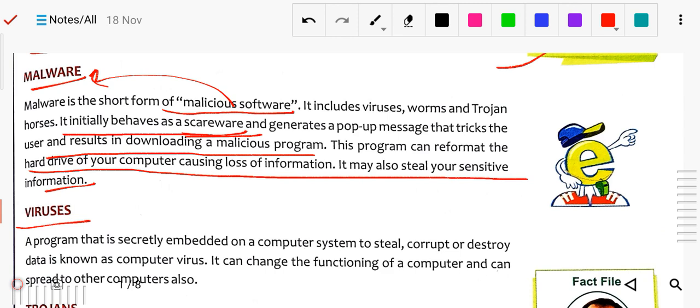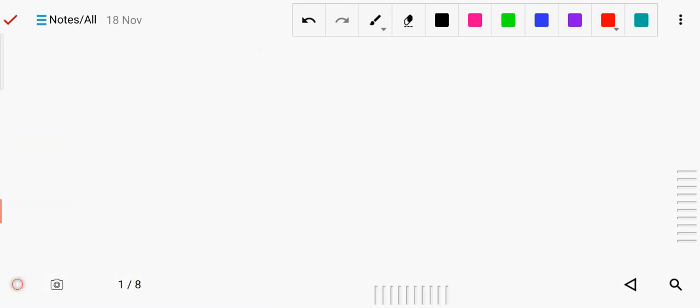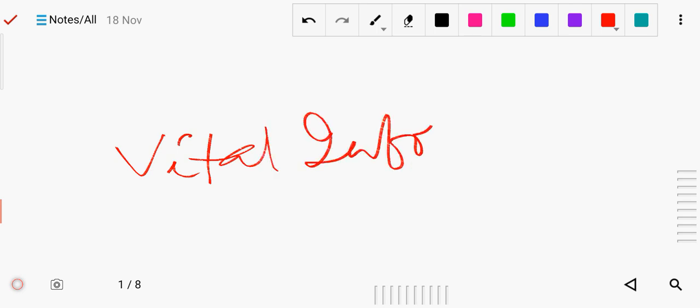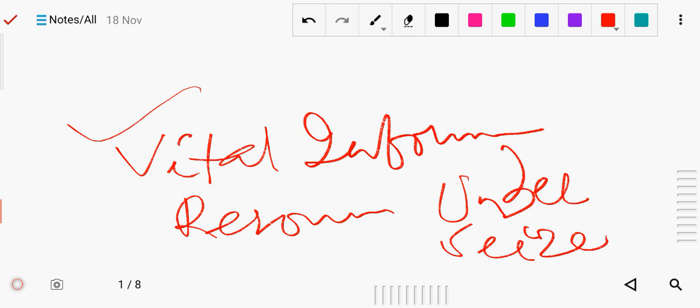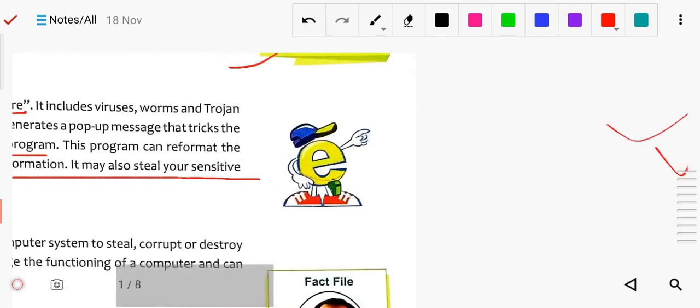You can write it down also: virus stands for vital, I stands for information, R stands for resource, and that is under siege. Okay, so virus stands for vital information resource under siege. So what is a virus?